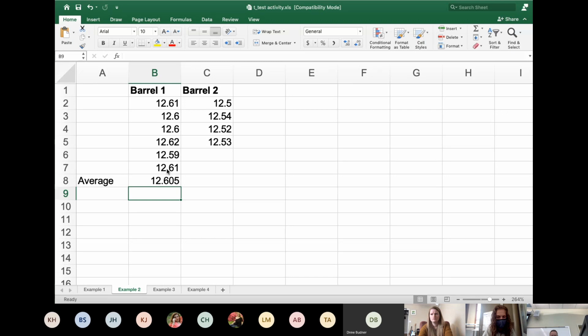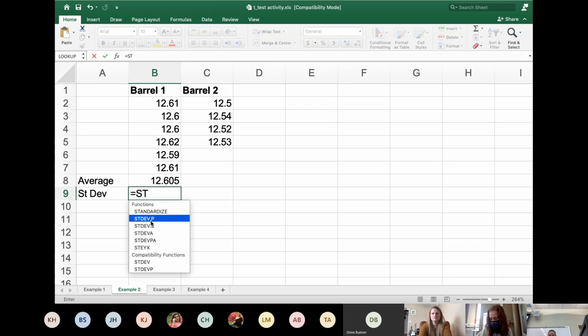And I'm going to abbreviate it that way because if we look here on Excel, Excel gives us 2 different standard deviations. Actually gives us 4. We're going to talk about these top 2. What's the difference between standard dev.p and standard dev.s? Population and sample.